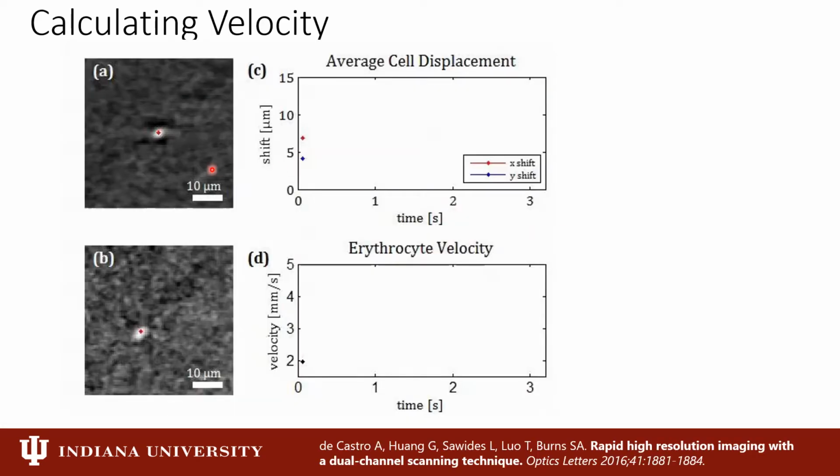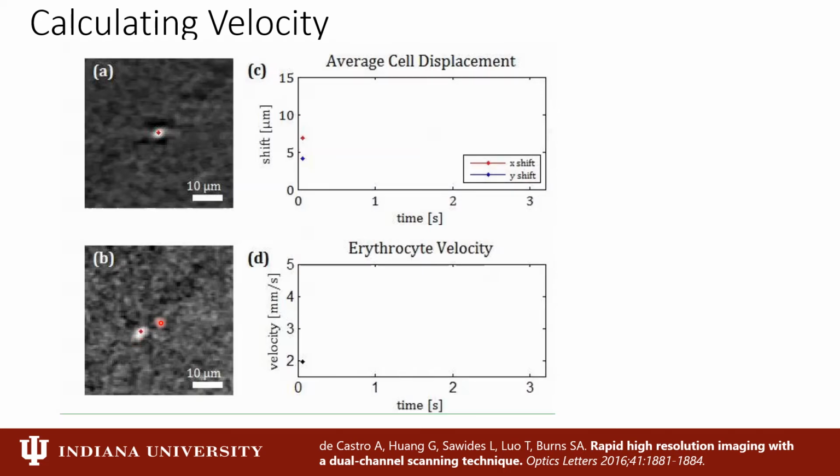And when you do that, you get an image like this. So here's the channel we're detecting on. We see a bright spot because we're detecting red blood cells, which are bright in these images. And it's right in the center because we put the regions of interest centered on that. In the other channel, they're centered on the same location in the retina, but the blood cells are at a slight displacement due to the time offset.